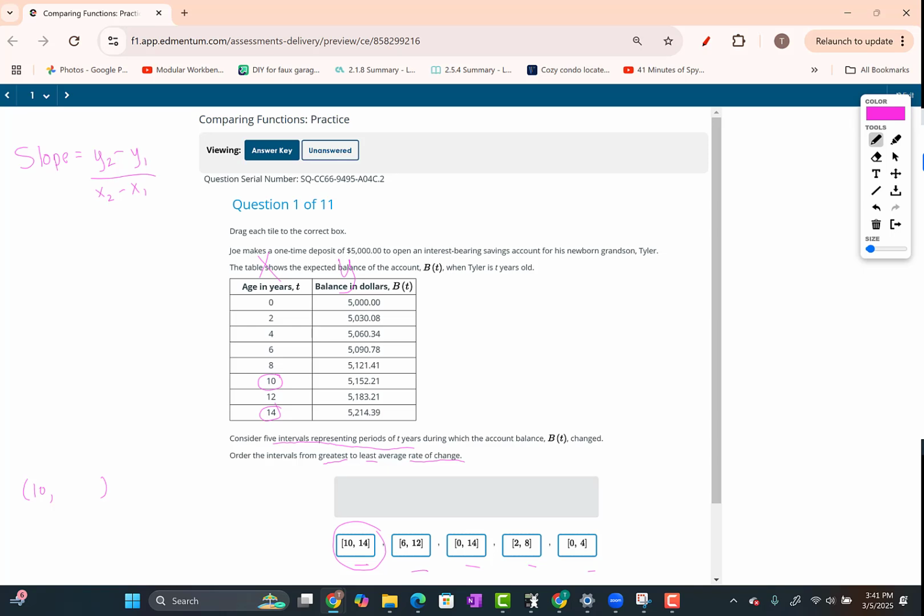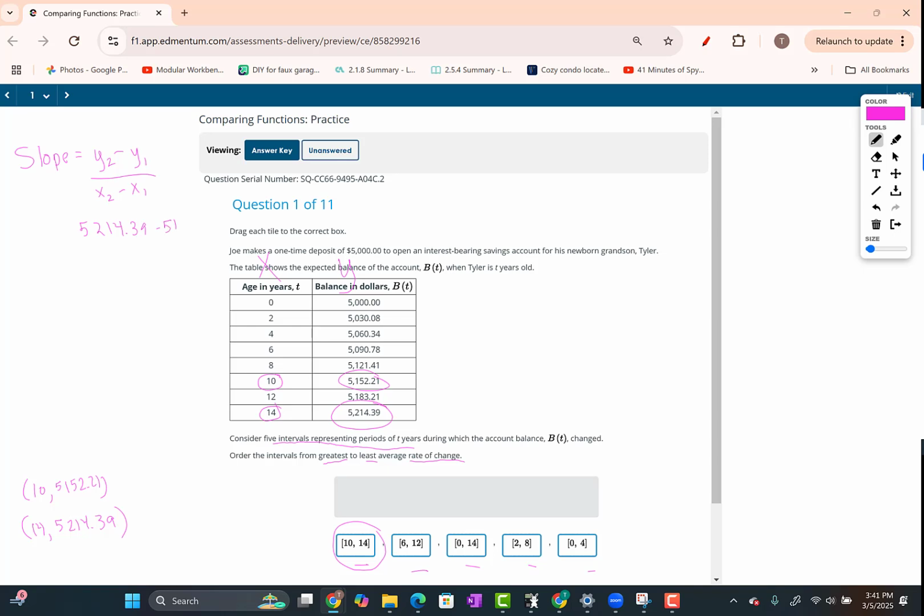So 10 corresponds to $5,152.21. It's this number here. And 14 corresponds to $5,214.39.